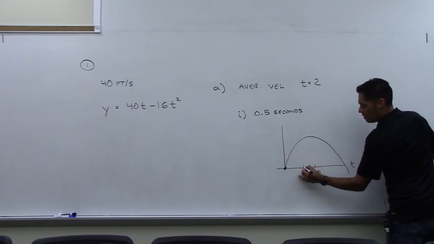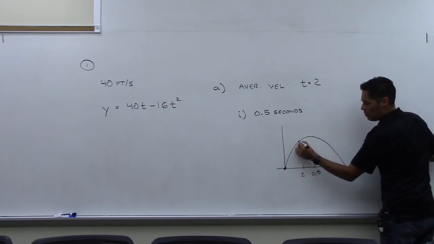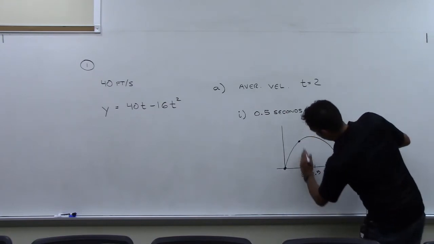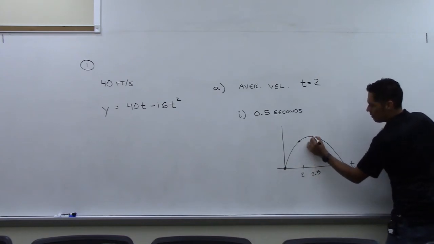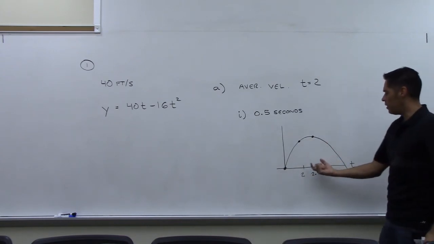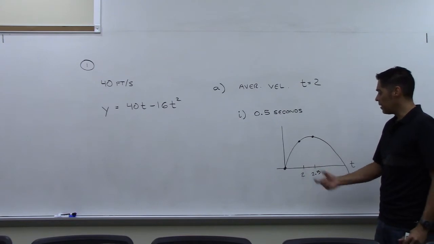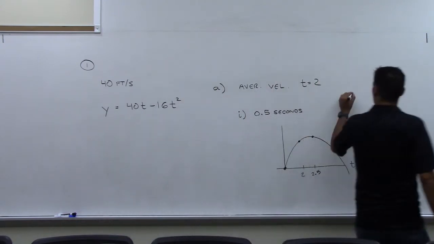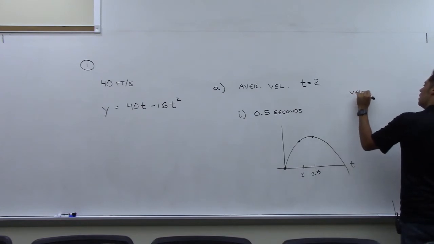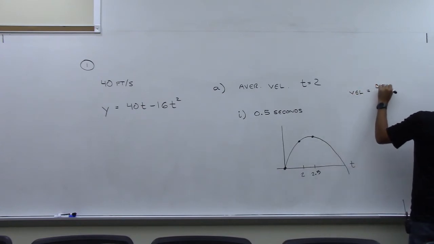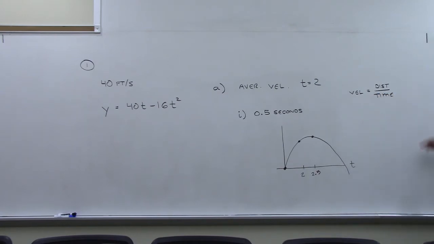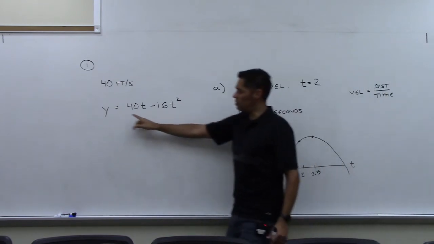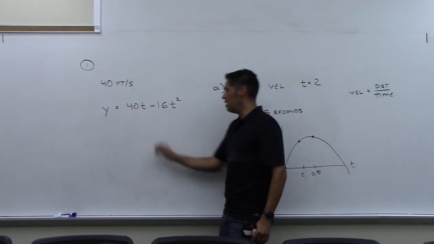And so if we take this, we imagine there's some point on the graph here, that's supposed to be straight up, sorry, and then this one right here. They want us to find the average velocity on that little time interval. So the average velocity, remembering that velocity equals distance traveled divided by time. And in this case, the distance or the height of the object is given to us by this, y equals this.